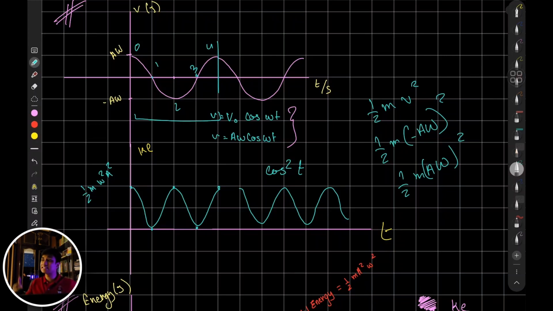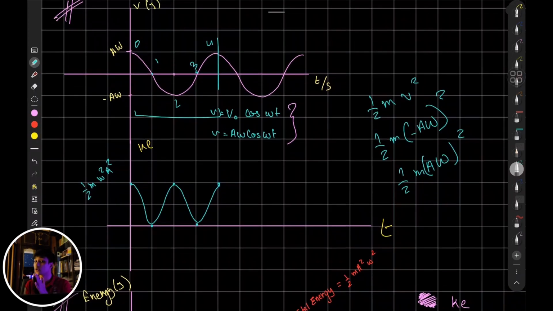And how we get cos square for kinetic energy, I'm going to show that as well. So for now, you understand and know that the kinetic energy is going to look like this. This is the shape of kinetic energy against time. Right. So if you know that, we can move on to potential energy.